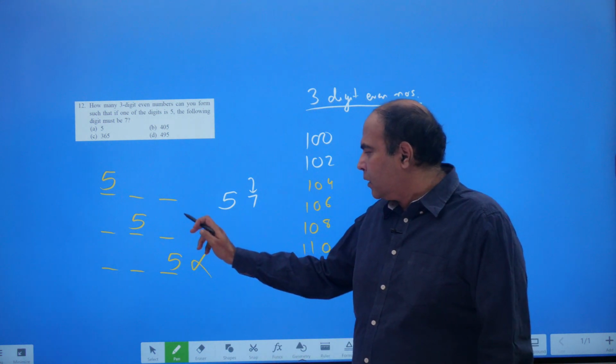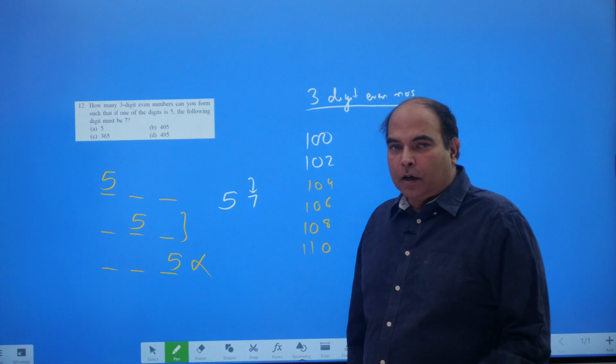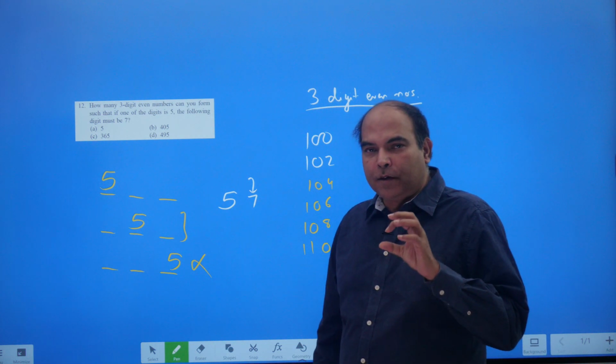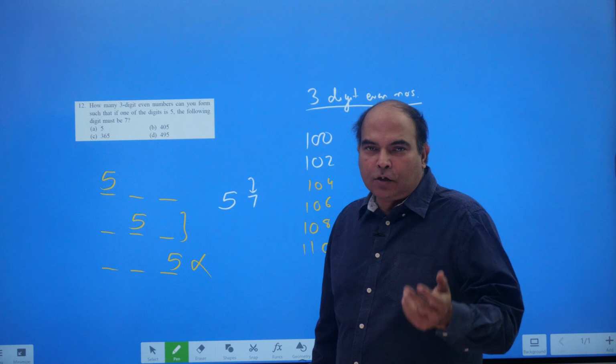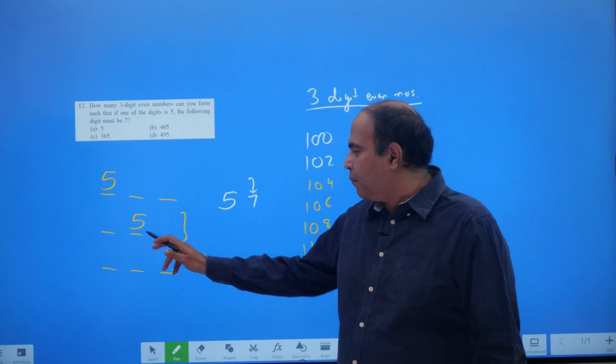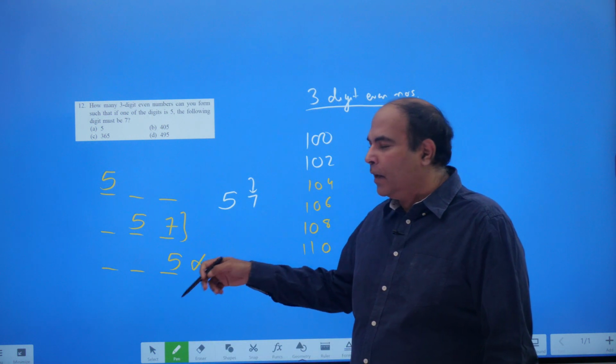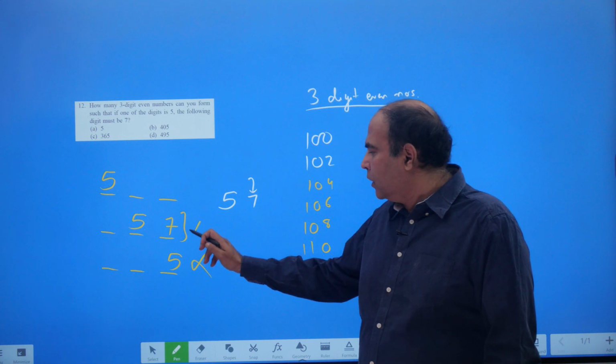Now the condition says that if one of the digits is 5, the following digit has to be 7. So if I put a 5 in the tens place, I'm forced to put a 7 in the units place, and then it's no longer an even number. So this is also removed.